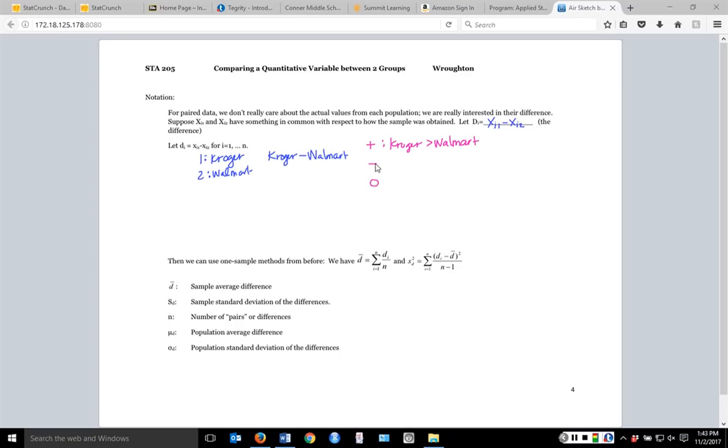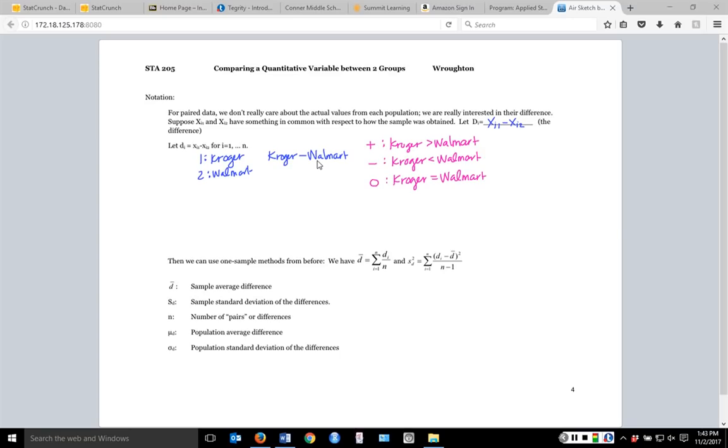Whereas if I get a negative number, my first number is smaller and my second number is bigger, which means that item was cheaper at Kroger than at Walmart. And finally, I'll only get 0 if those two things are exactly the same, meaning whatever price I was paying at Kroger for that item was exactly the same price I would pay at Walmart.